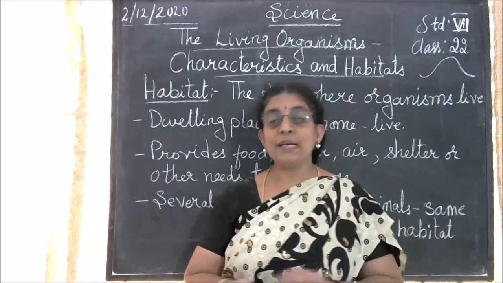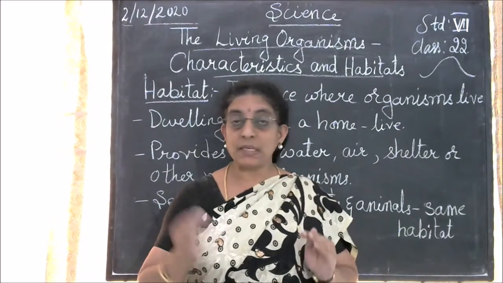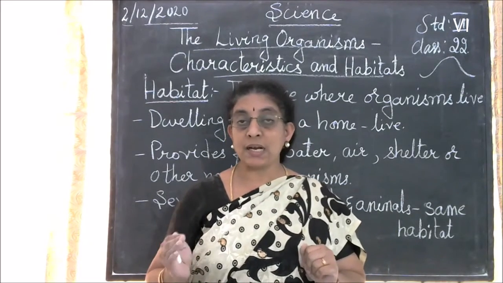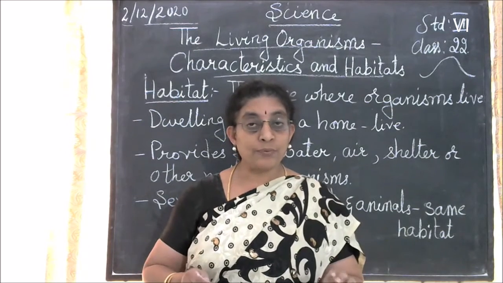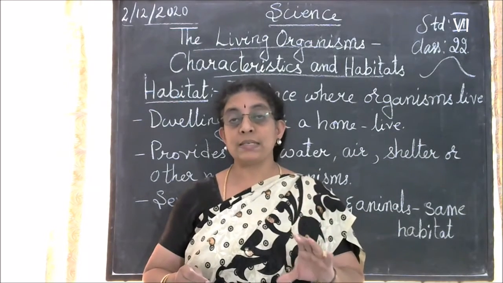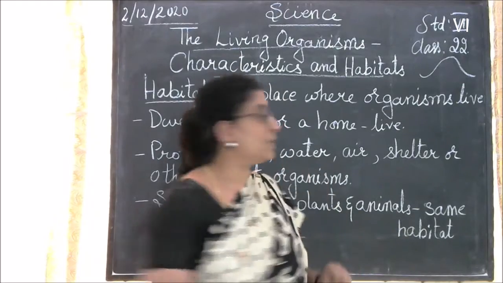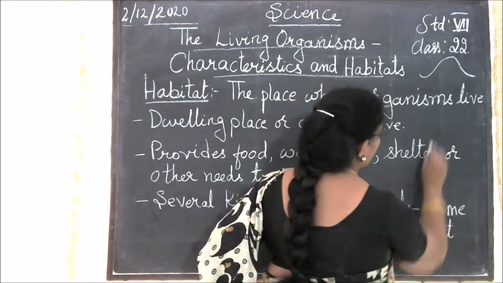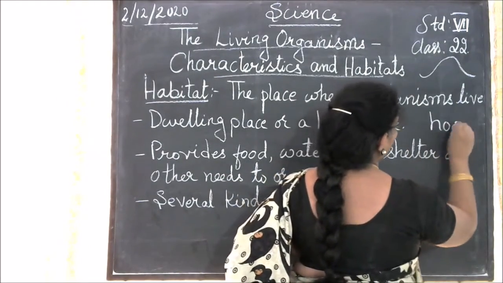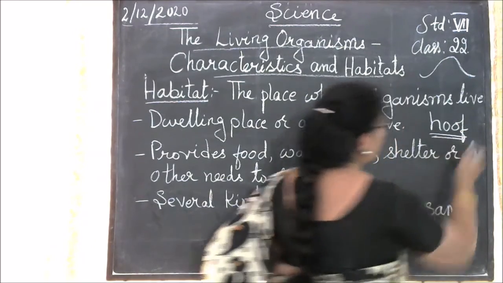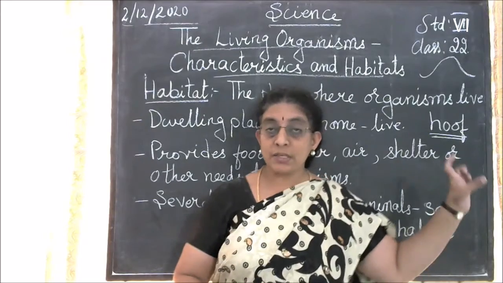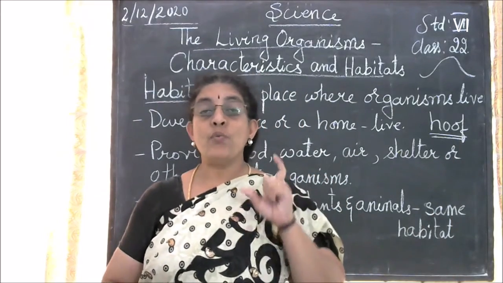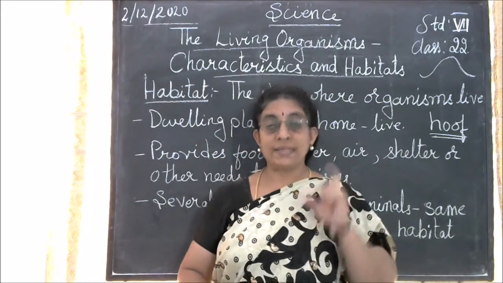But for the camel, it is not like that. You have seen the horse, the cows, the goat and the bullocks. Have you seen the foot of them? Their foot is different. It is called the hoof. The foot of the camel is called the hoof, and this hoof is made of a very hard substance.